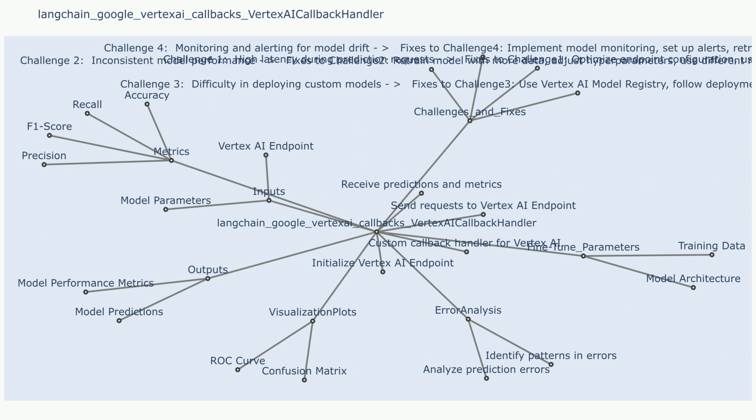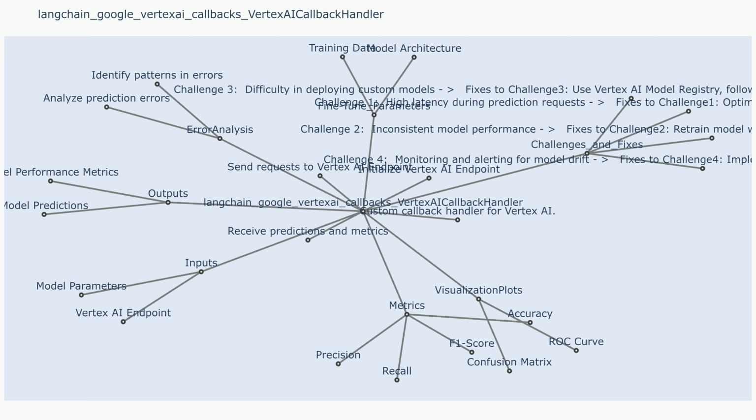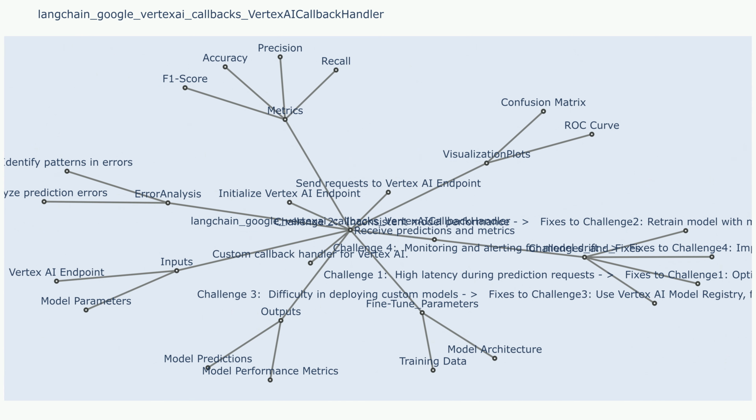Run name, optional: a unique name for your Vertex AI run within the experiment. Model name, optional: the name of the Vertex AI model you are using. Logging level, optional: controls the level of logging detail, e.g., info, debug. Enable visualization, optional: a flag to enable visualization of chain execution.